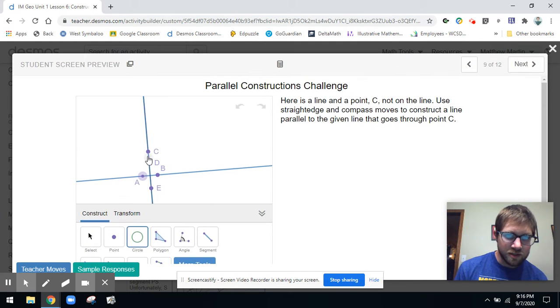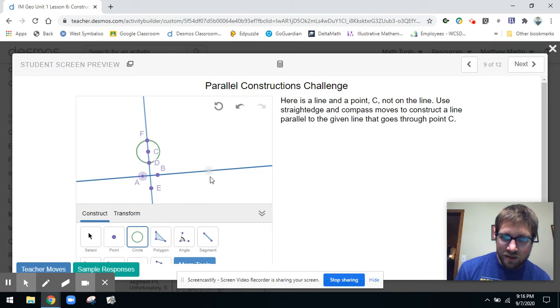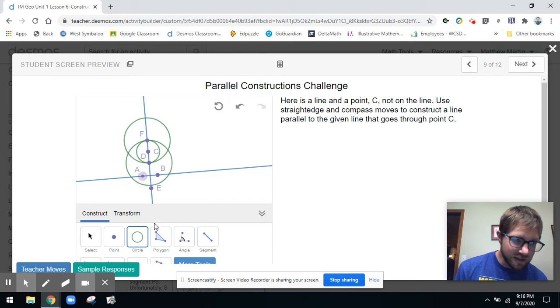So from C, I'll make a circle, and I will then notice that this circle has 2 points that are on the line. I will construct the perpendicular bisector of segment FD by making circles, center at F, radius FD, center at D, radius FD.